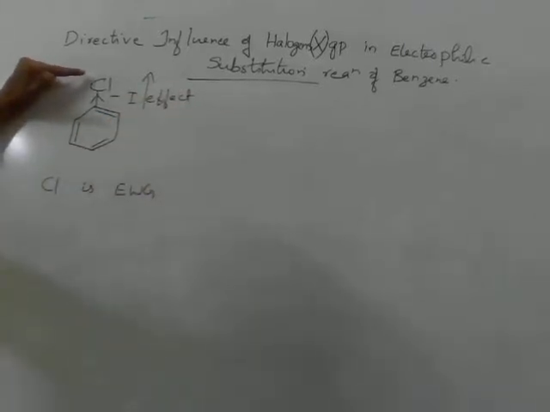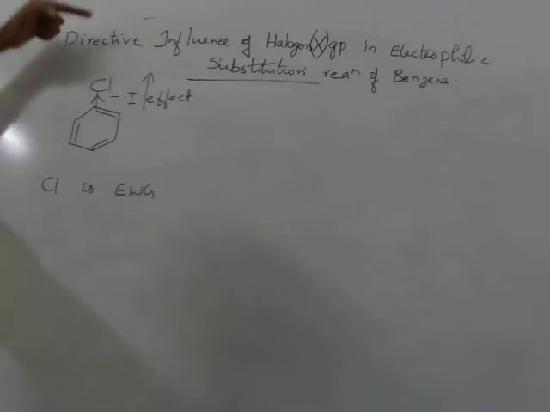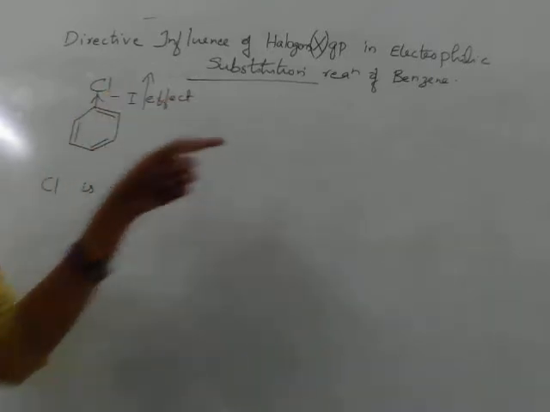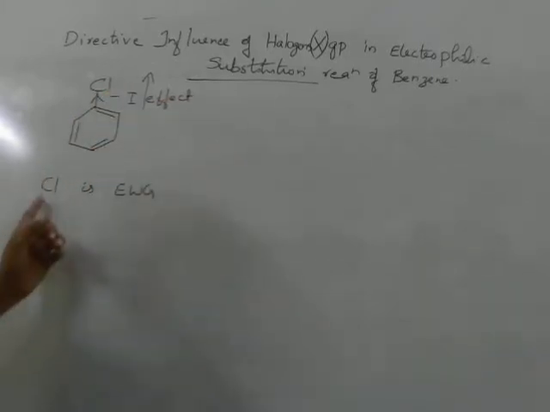The chlorine atom is more electronegative, so it withdraws the electron density, the electrons shared with this carbon, towards it. Means from the benzene ring, electron is moved towards the chlorine atom through negative inductive effect. So this is an electron withdrawing group.